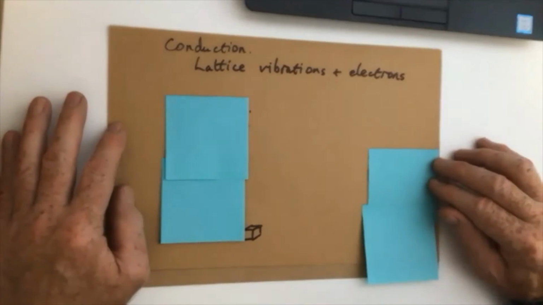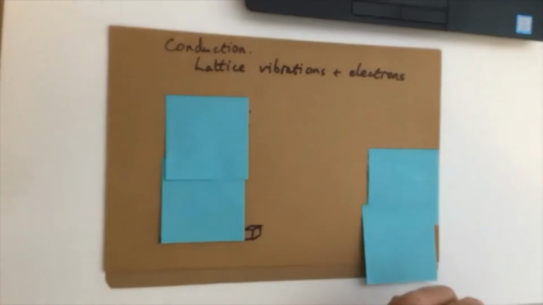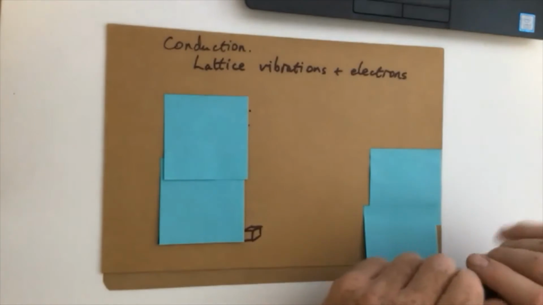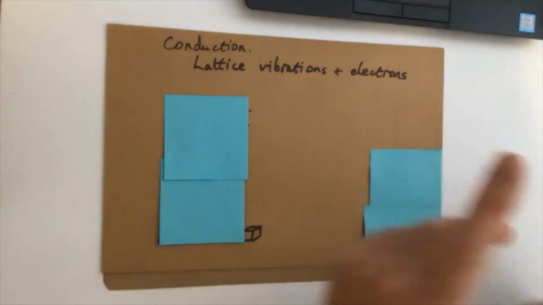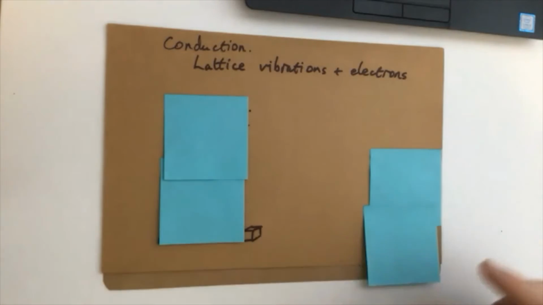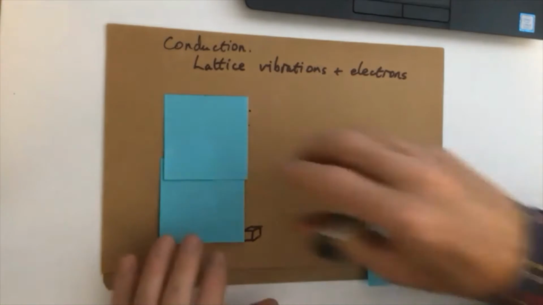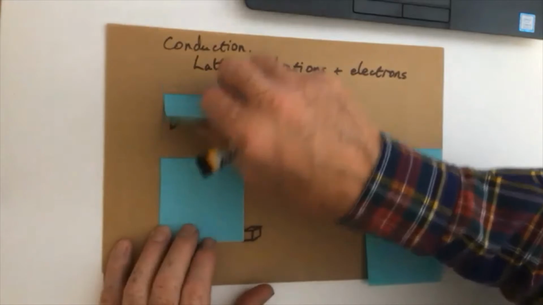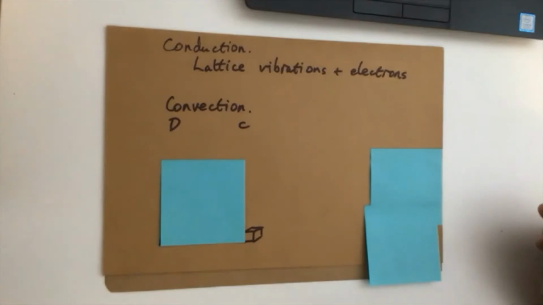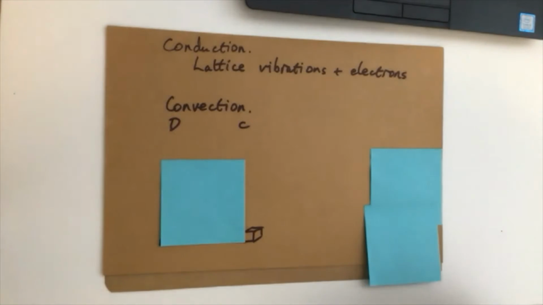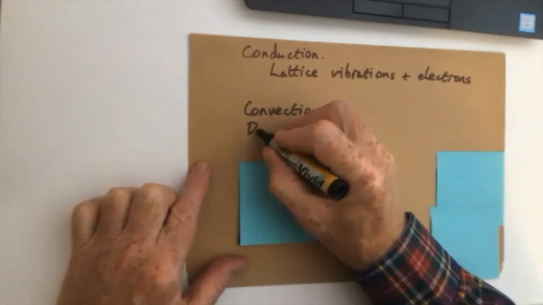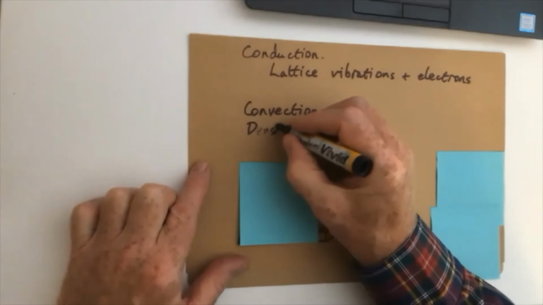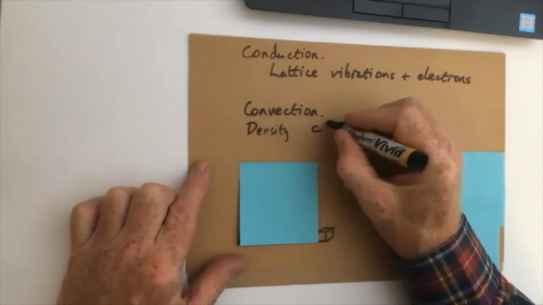All right. Conduction relies upon lattice vibrations and electrons. The lattices vibrate, they make the electrons move, and that transfers the heat along. Next is convection. Convection relies upon density changes.